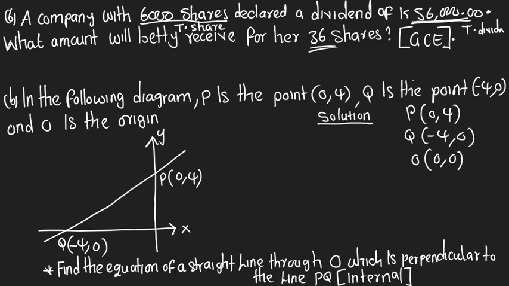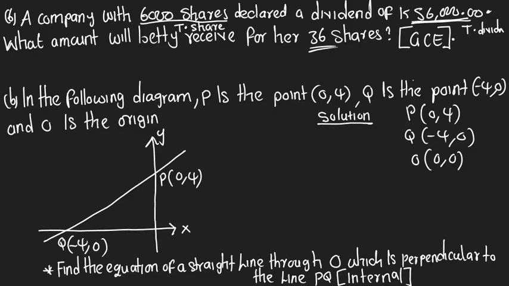Then they say, find the equation of a straight line through O which is perpendicular to the line PQ. When they say perpendicular, they are simply telling you to find the first gradient, then get the second gradient, and eventually find your equation.